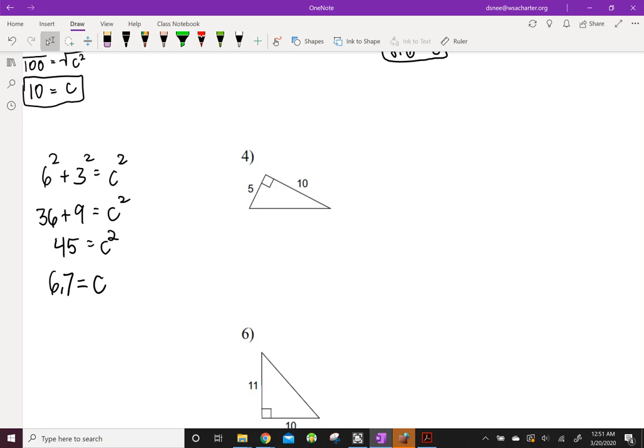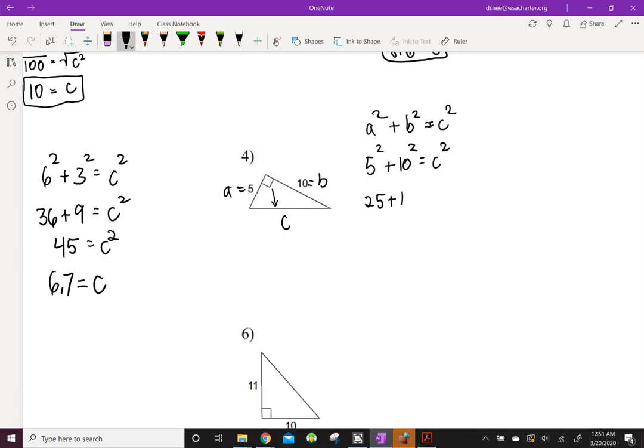This one is A equals 5 and B equals 10, and C is that long side opposite of the right triangle, the hypotenuse. So 5 squared plus 10 squared equals C squared. A squared plus B squared equals C squared. Write that as many times as it takes you to remember. 25.